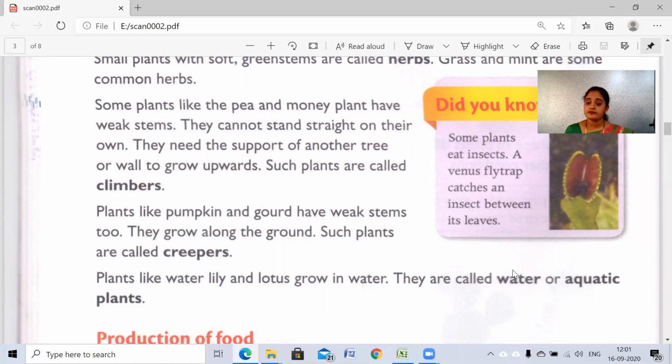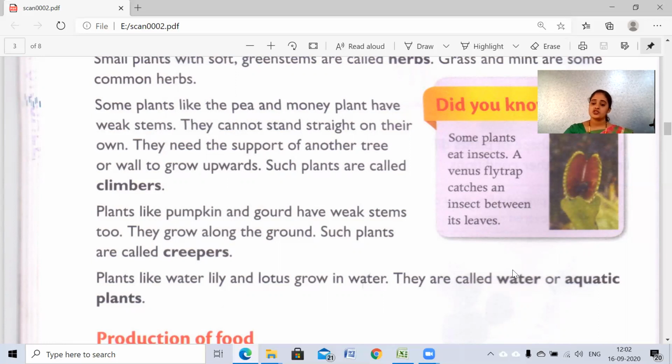We call them water plants or aquatic plants. These plants grow in water. We call such plants which grow in water as a water plant or aquatic plant.